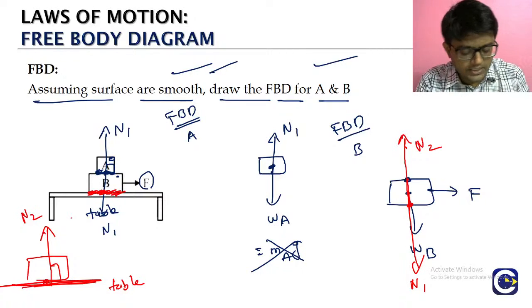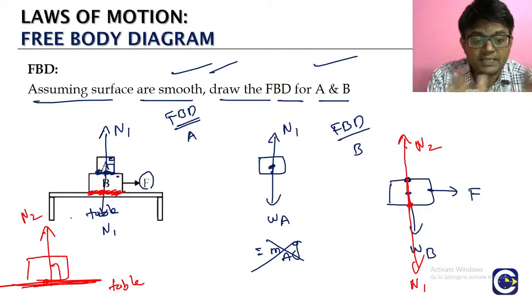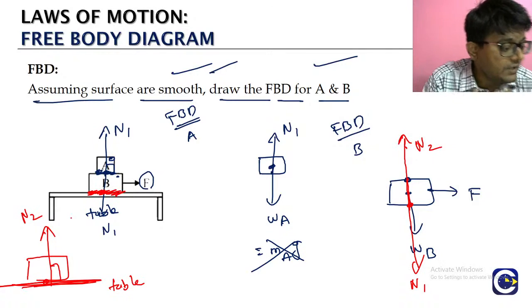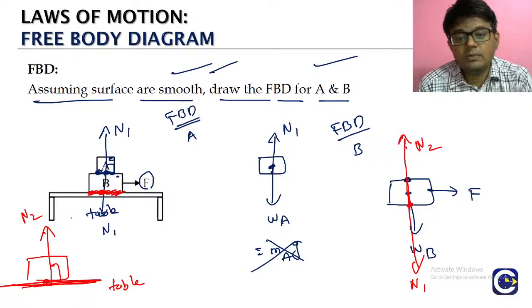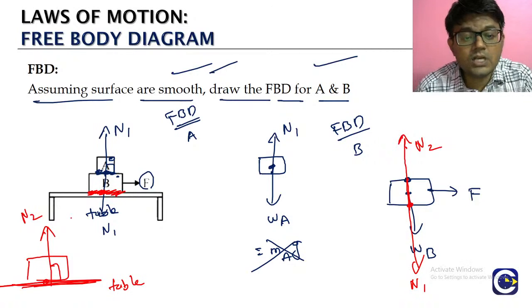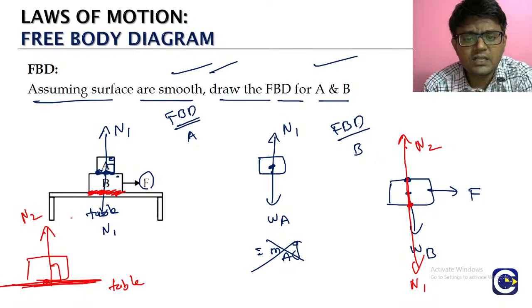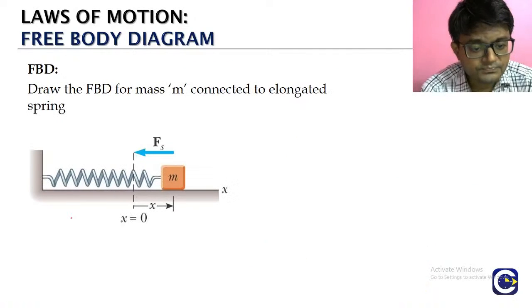So the normal reaction will depend upon the contact surface. Make yourself comfortable, guys, while representing these free body diagrams, because there is a saying, if you are able to draw the FBD correctly, then half the problem in this Newton's laws of motion chapter will be solved. Because if you are able to get the forces correctly represented, then the next part is going to be very straightforward.